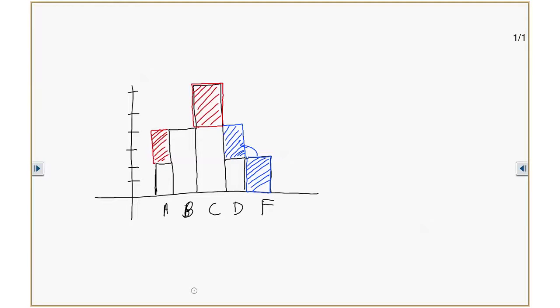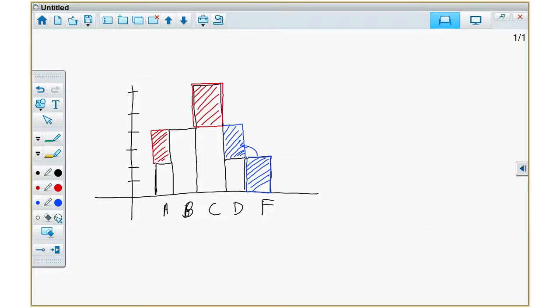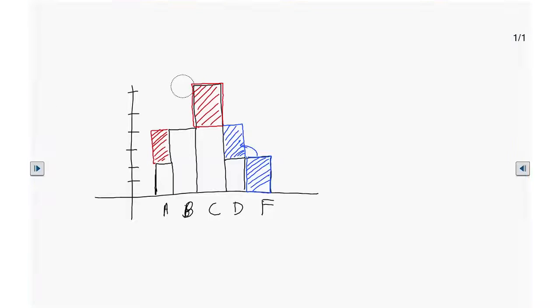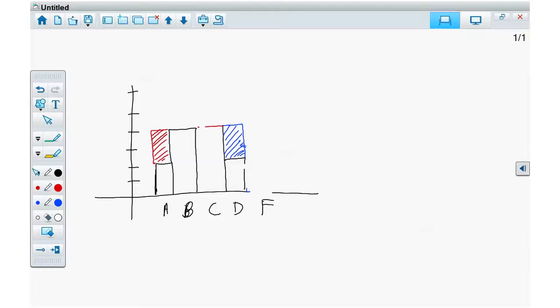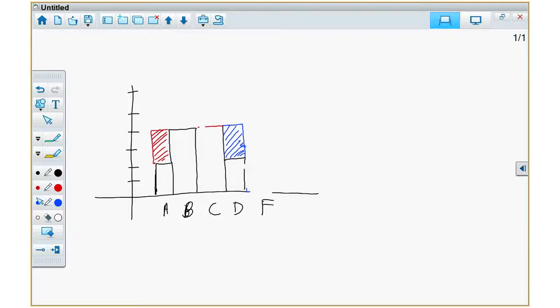What have I done? Well, let's erase what I've moved. What have I done? Come on, speak up.